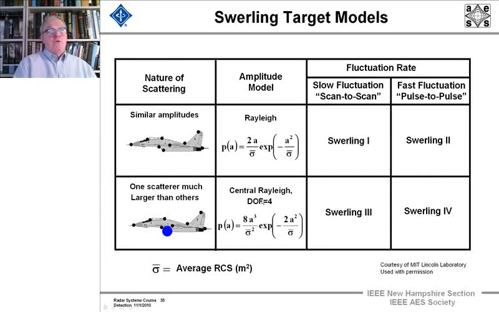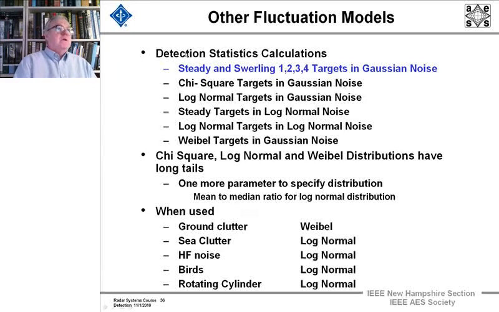When we were talking about noise, here we're talking about the target. Now, when we look at detection statistics of targets or noise, there are a lot of physical targets which don't obey these models, because I said there's no real super underlying physical nature where you can say, when you look at a target, that it's going to be this distribution or that.